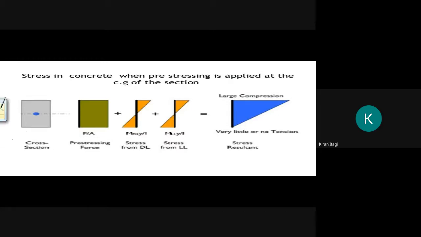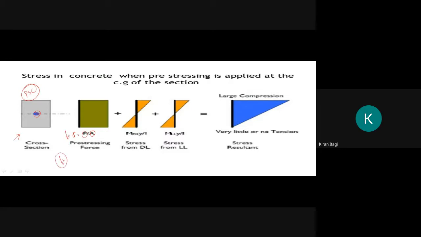Important diagrammatic representation. So this is your pre-stressed concrete, PSC, and here you are applying the tension. Here you have a rod. So this is nothing but pressure, that is force upon area. We can call it FT or FD.